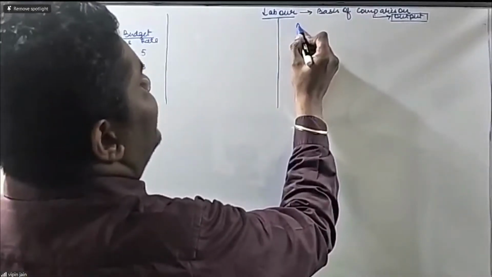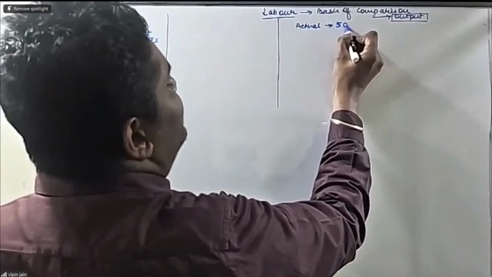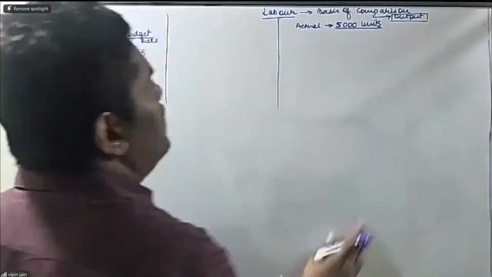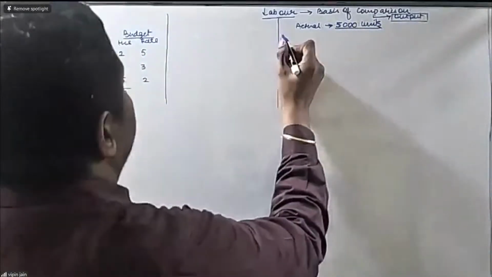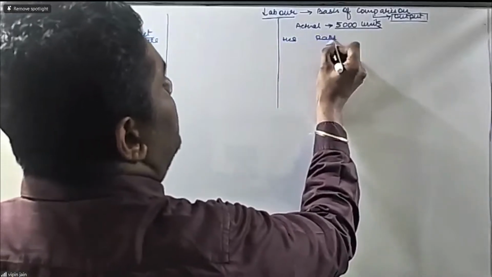Now, when talking about actual data, the actual output was 5,000 units, and further hours, rate, and amount.